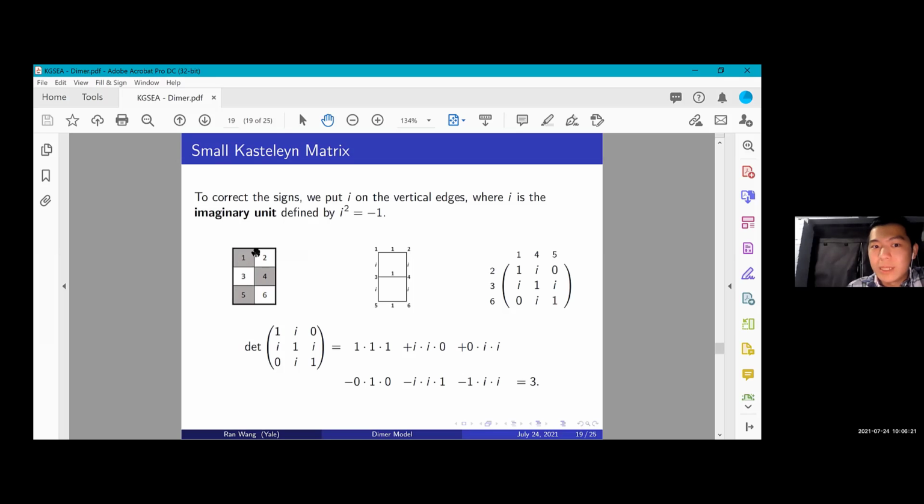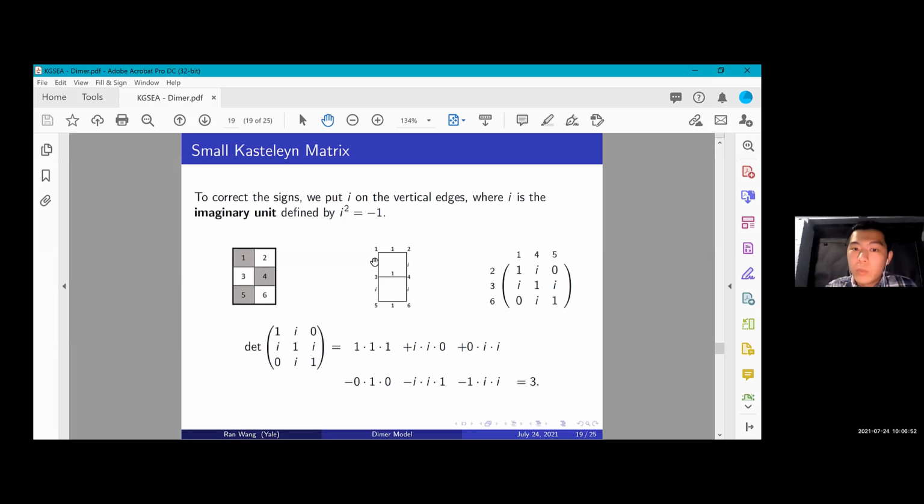If we have an even number of columns, then we put the i's on the vertical edges as the weight of these edges. i is defined by the square of i being -1. It might be a new idea for you, but just remember this, that's all you need to know: the square of i is -1.